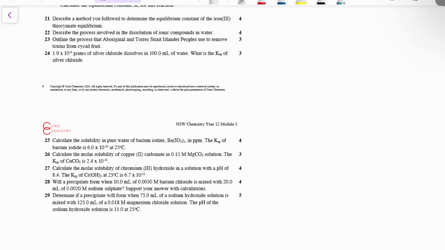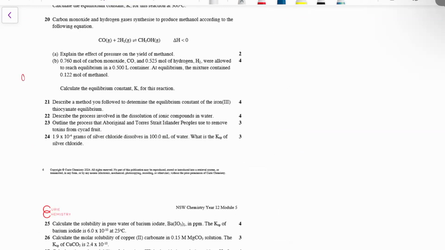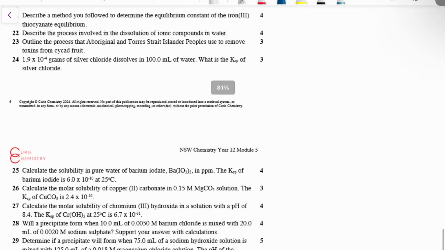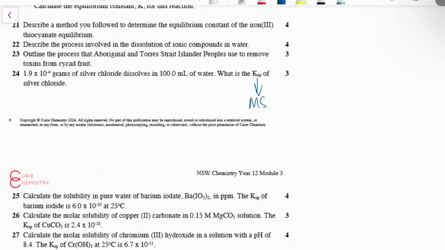KSP is a function of molar solubility, let's just say MS, in units of moles per liter. I currently have grams per 100 mLs, so my job is to convert to moles, convert to liters, and then do C is equal to n on V to get me molar solubility, which I can then sub into KSP.